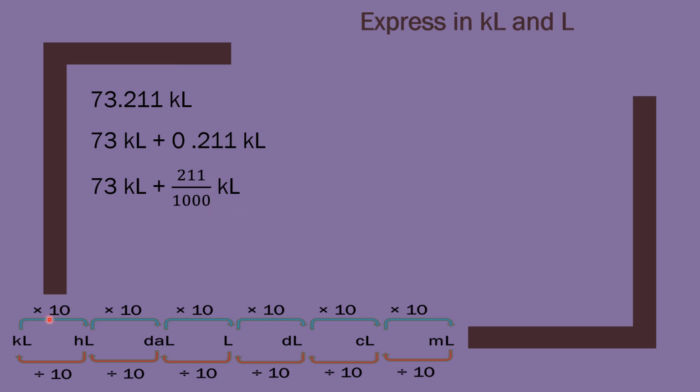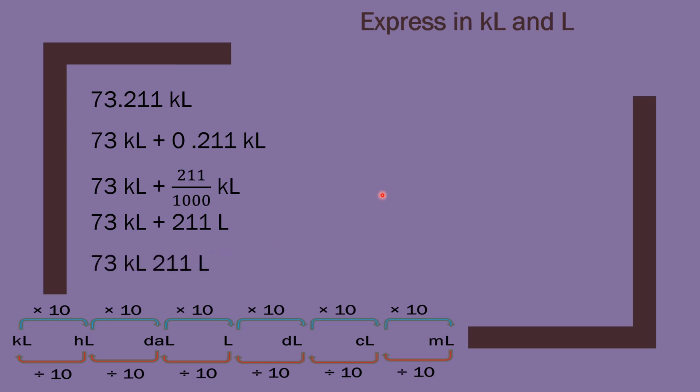Now kiloliter to liter, we need to multiply by 1000, and when we multiply this by 1000, 1000 to 1000 will be cancelled. So we get only 211 liter. So it is 73 kiloliter plus 211 liter, and we can write like this: 73 kiloliter 211 liter.